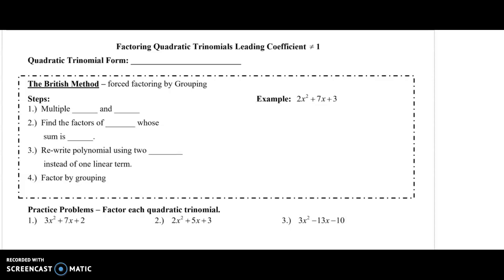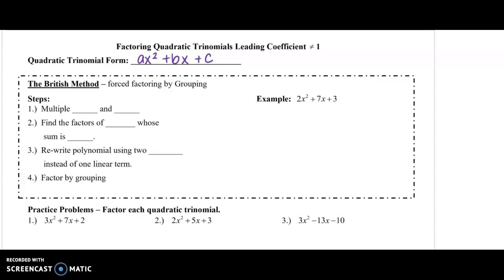Now we're going to be looking at if it's 2x squared, 4x squared, 3x squared, negative 1x squared. So it's going to be something other than just 1. The form for this is ax squared plus bx plus c. That is the general form for a quadratic trinomial.